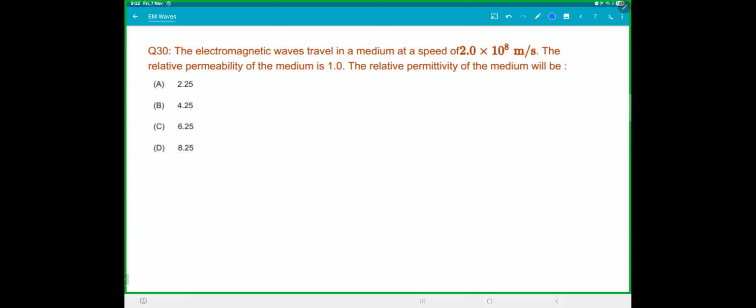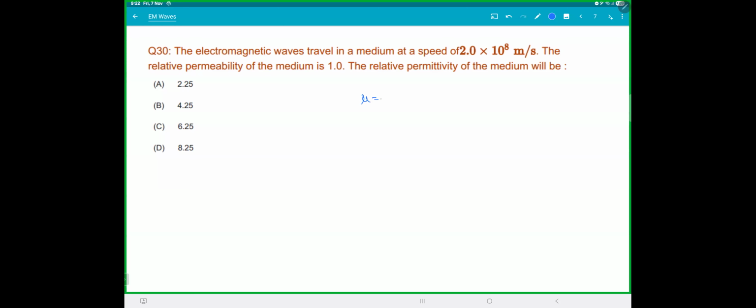Where we are. Yeah, you can look at the formula there. Speed of medium is given.